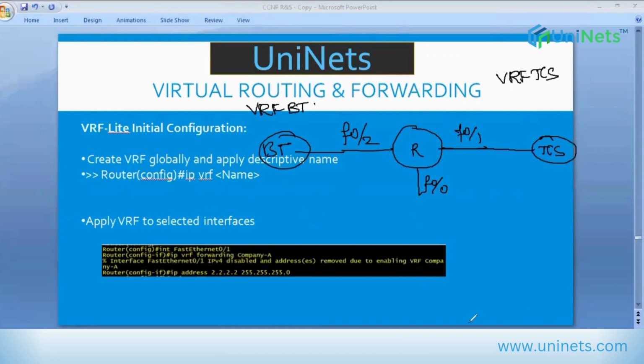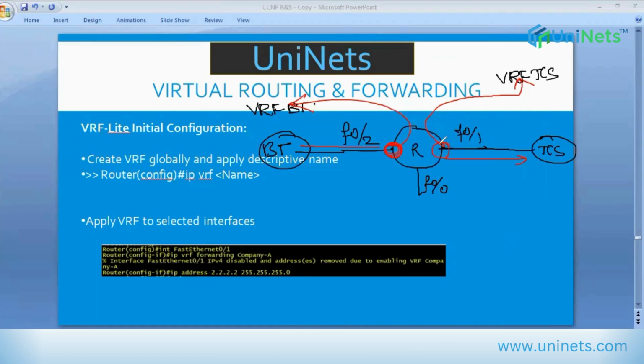The interface connected to BT, F0/2, I will make part of VRF BT, and the interface connected to TCS will be part of VRF TCS. Sir, is all the VRF configuration done at the ISP end, not the client end? No, only at the ISP end. Okay?